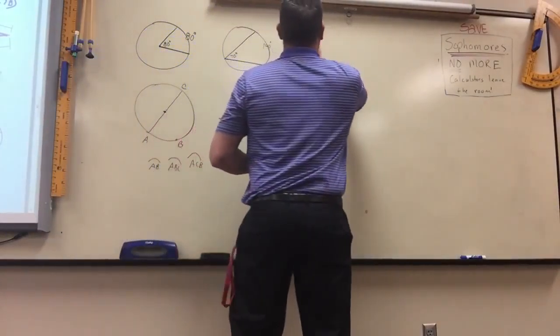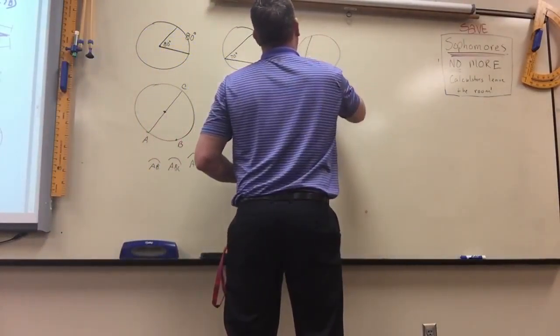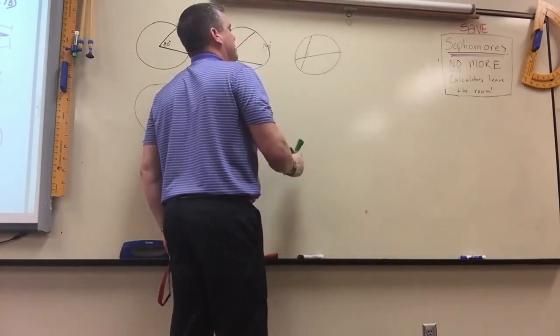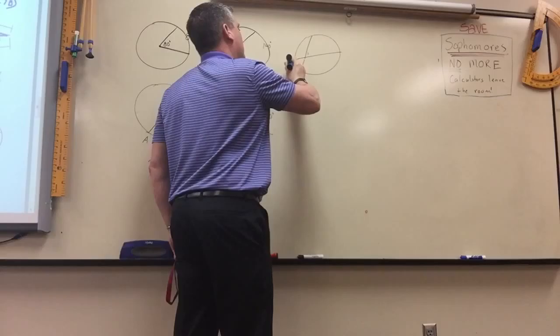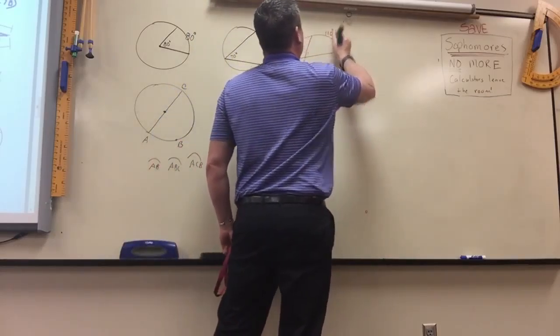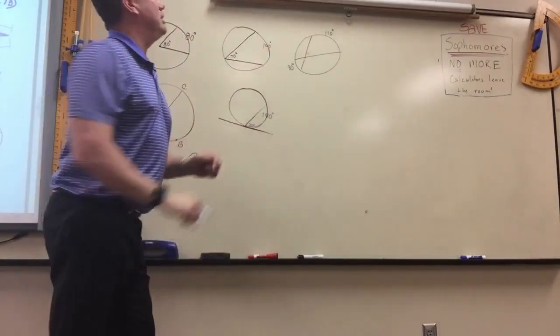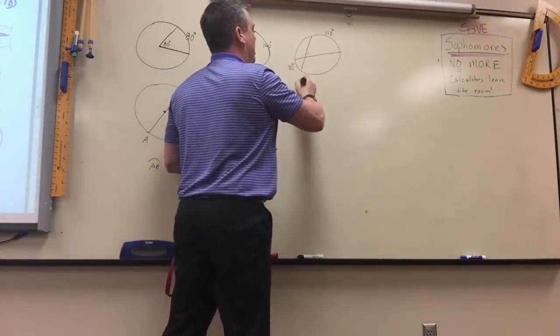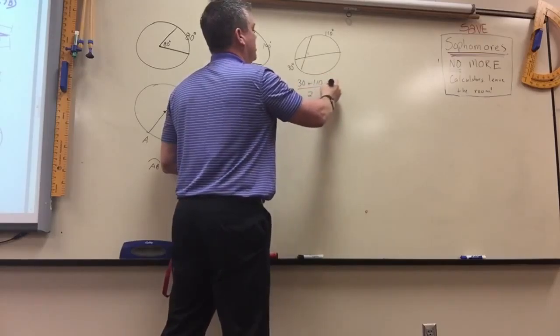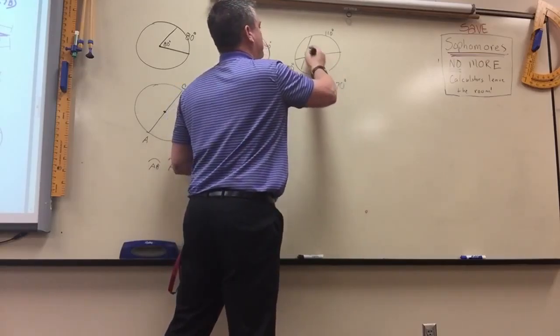Okay, then we had when there was 2 chords and you're finding the angle inside. Okay, if you're looking for the angle inside, it's the arc plus the arc divided by 2, which is 70 degrees.